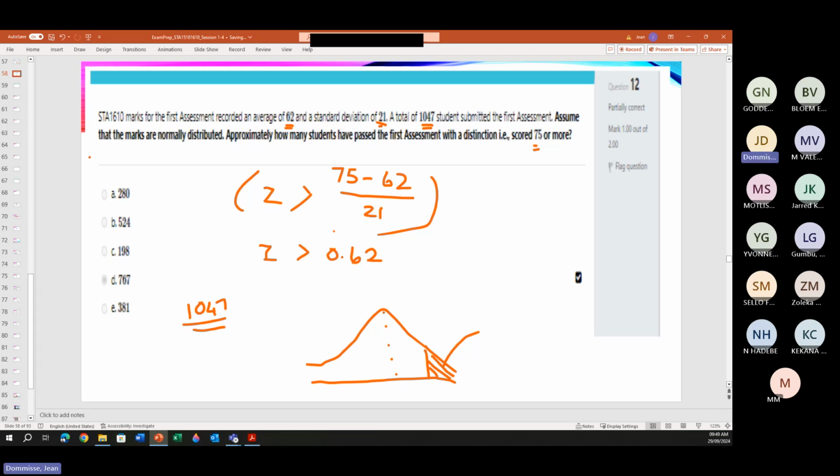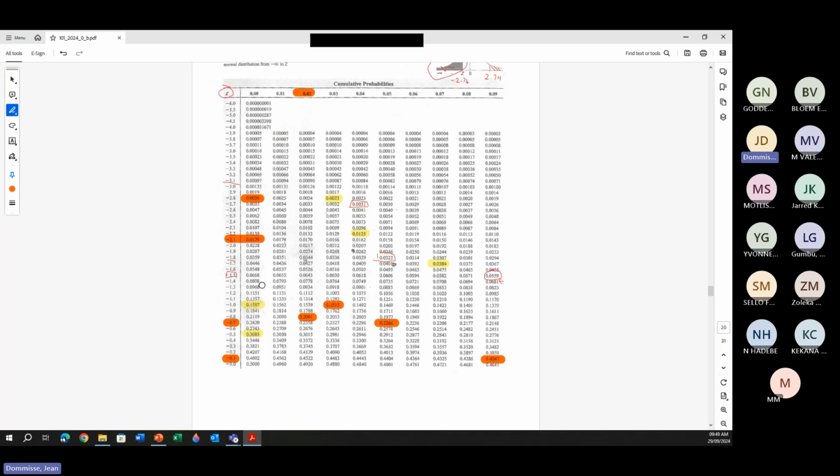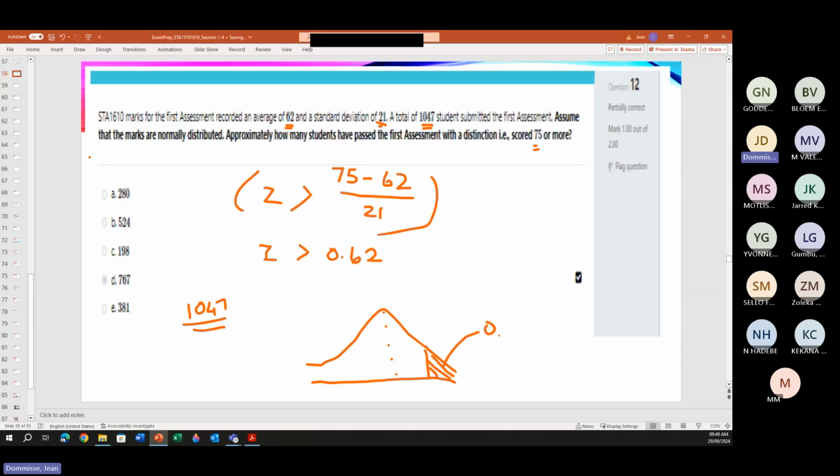Again, I'm going to go to a negative table so that I can just get that. 0.62, so 0.2676.